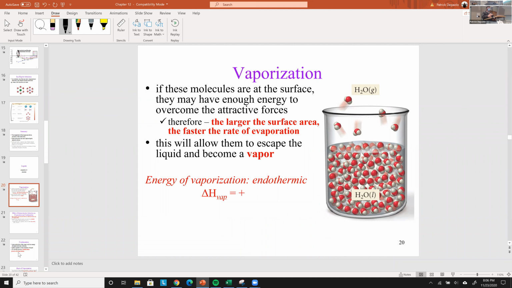At that threshold, the molecules become gaseous because their intermolecular forces break. And we can always figure out the energy of vaporization. So if something requires a lot of energy to vaporize, then it will have a low vapor pressure. We'll talk about vapor pressure next.